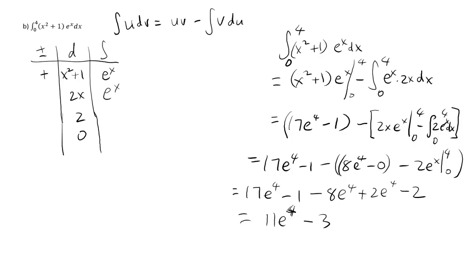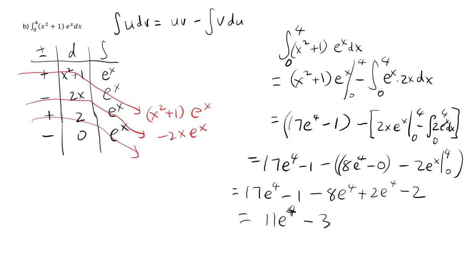E to the x integrates to e to the x, e to the x, and then this changes the signs. Then you go like this. Go like that. Go like that. And then the last row has to be multiplied and integrated, but since multiplying them you get 0, you don't get anything.